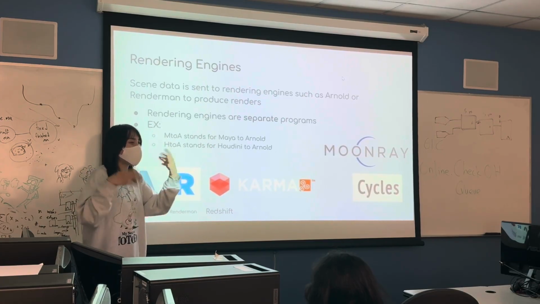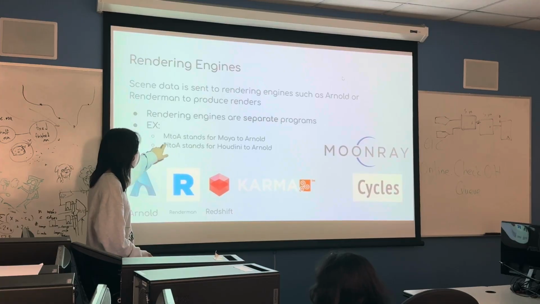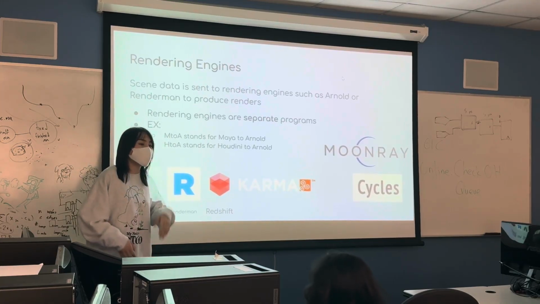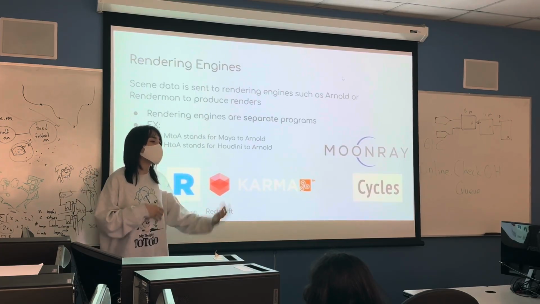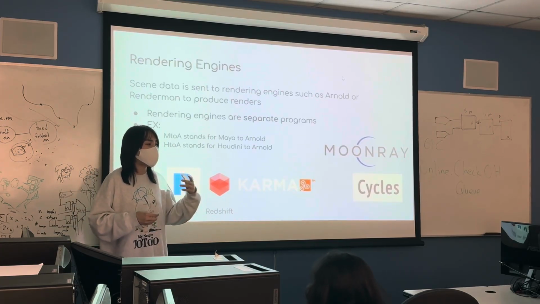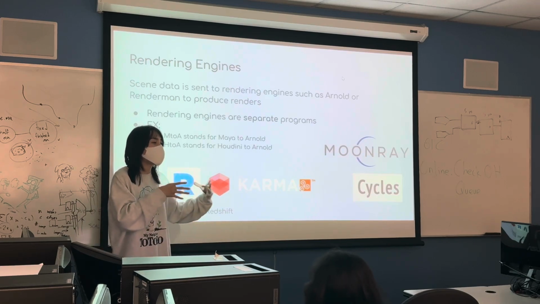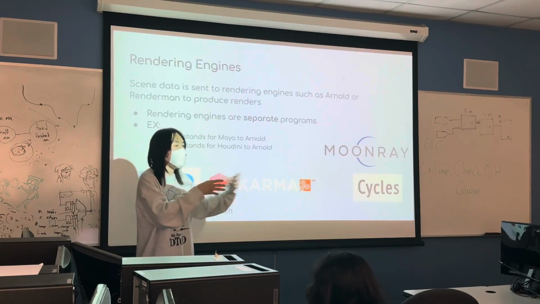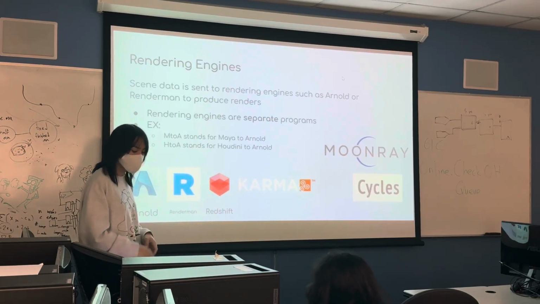While if I were to use Arnold in a different software like Houdini, then it would be H2A, because that'd be Houdini to Arnold. So understanding how you can use the same render engine for different softwares is how a lot of different studios are able to have pipelines across multiple different softwares just by porting over their render engine as a separate software and integrating those within whatever software you choose to use.